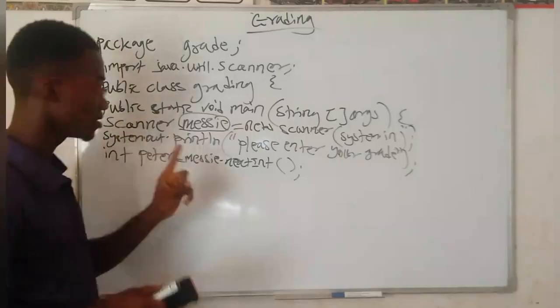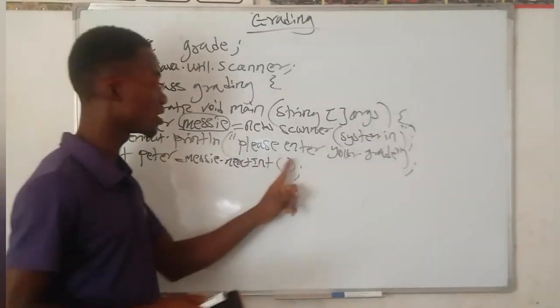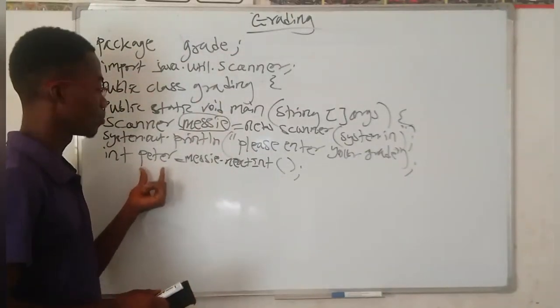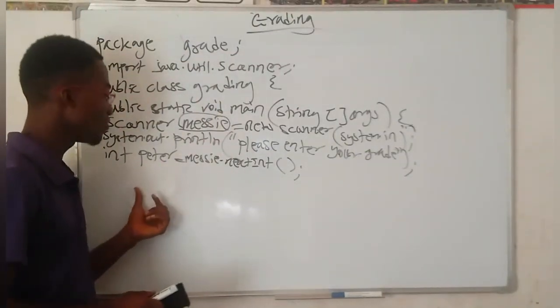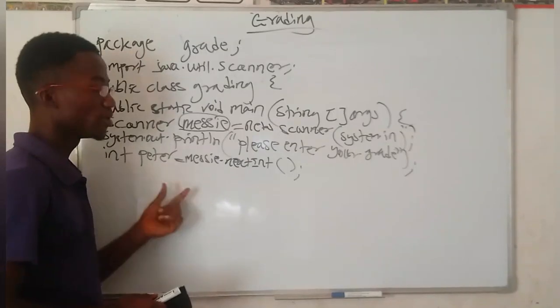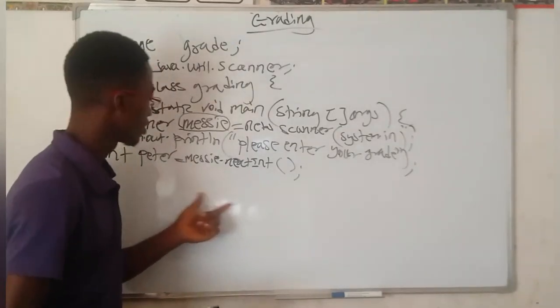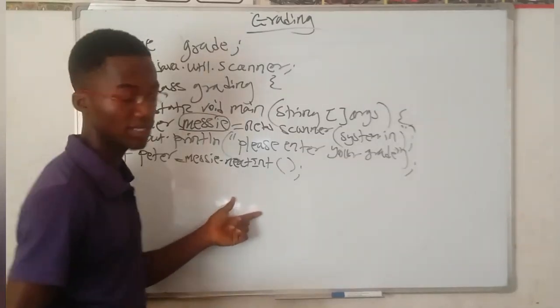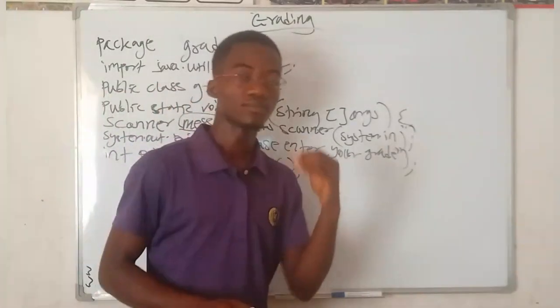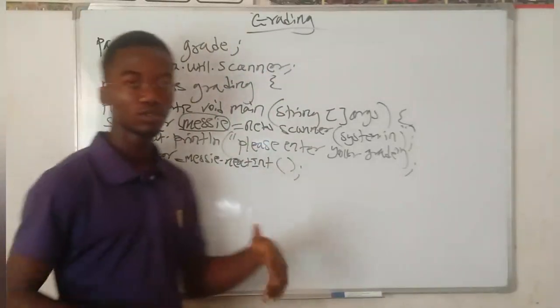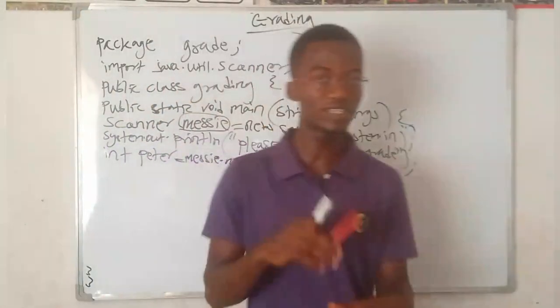Peter is the name of the variable that will be storing the integer entry, so we'll use this variable to test. If Peter is greater than or equal to 50%, then you pass. Else, you fail. So that is the if-else statement.